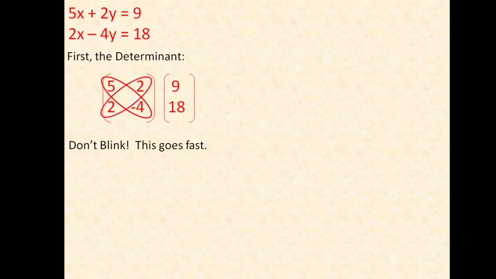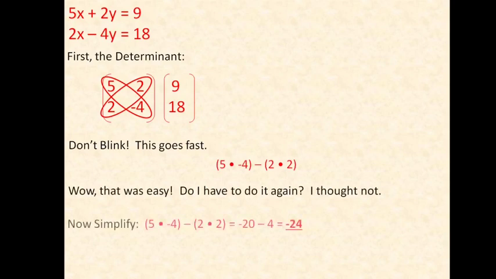Between both the products, we will take a minus sign. So here we have the arrangement: 5 into minus 4, that is A and D, minus 2 into 2, that is B and C. After performing the arithmetic operations and simplifying this expression, we have the value of the determinant as minus 24.